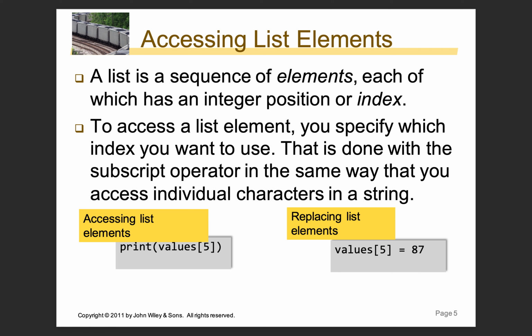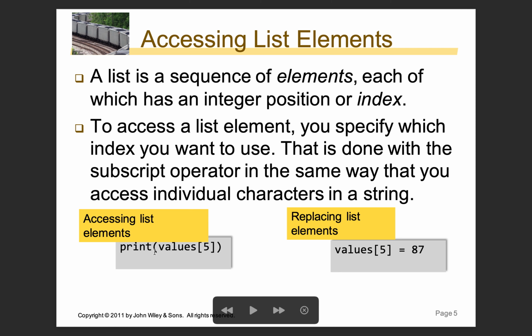Accessing list elements: a list is a sequence of elements, each of which has an integer position or index. To access a list element, you specify which index you want to use. That is done with the subscript operator, in the same way that you accessed individual characters in a string.